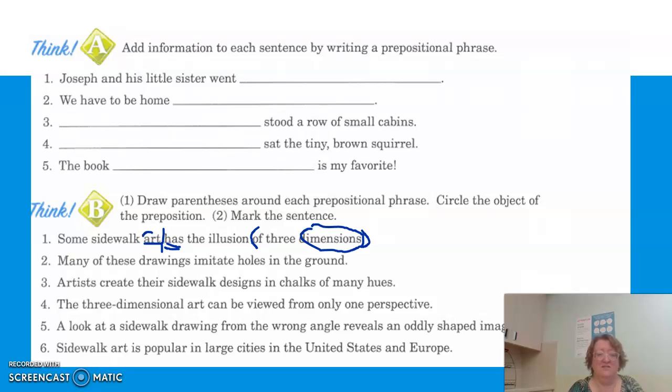Now I'm going to have Mrs. Osborne call on maybe 2 or 3 people to do each sentence, doing each part of the sentence, while everyone else works at their desk. And Mrs. Osborne can review the answers with you when that section is completed.